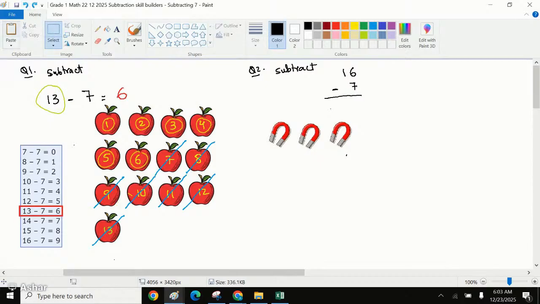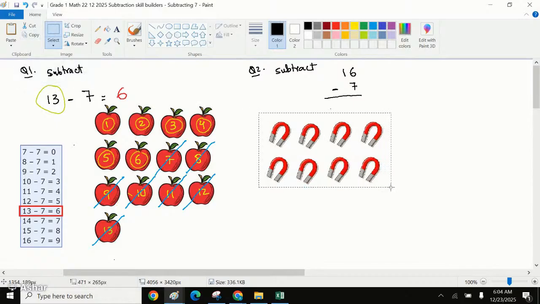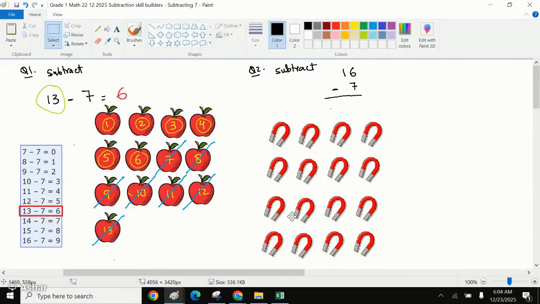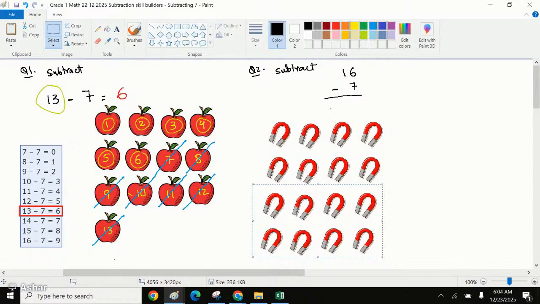If I copy them together and paste them again, now we have 4 plus 4 is 8, right? If I copy them again, 8 plus 8 would be 16, because our question says 16 is there. So let's write down the numbers on these.